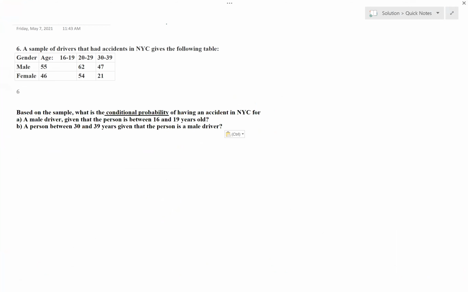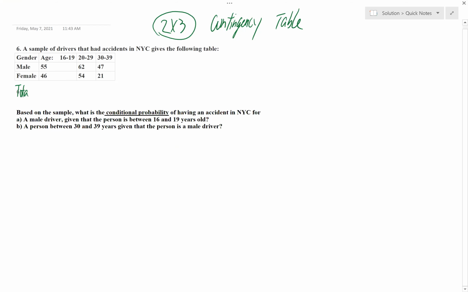You have 2 rows and 3 columns. Basically, we have 2 genders, male, female, and we have 3 different age groups. First age group is 16 to 19. So you probably want to calculate the total for each group.